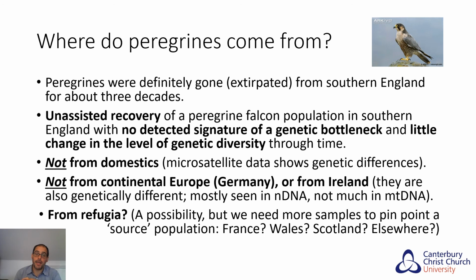It's still a possibility, but we know that they do not come from domestic animals that have escaped into the wild, they do not come from continental Europe, at least not from the German stock or from other places farther south, and they don't come from the region of Ireland that we sampled. So there's still some work that we can do, and for this we need extra samples from other areas, but at least we have done some work towards understanding where peregrines come from.